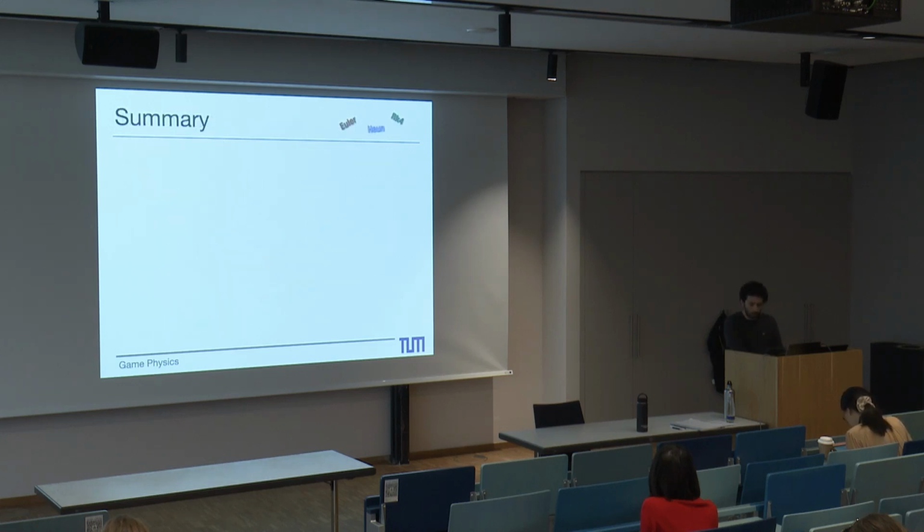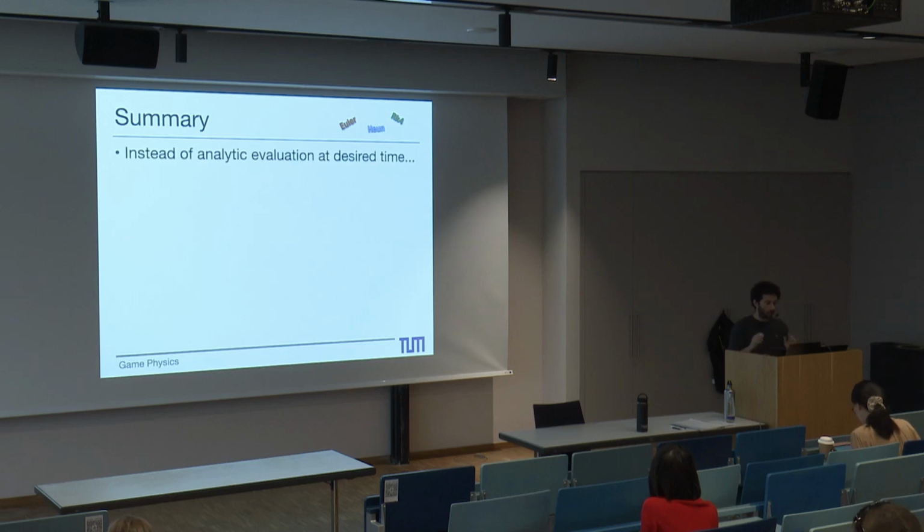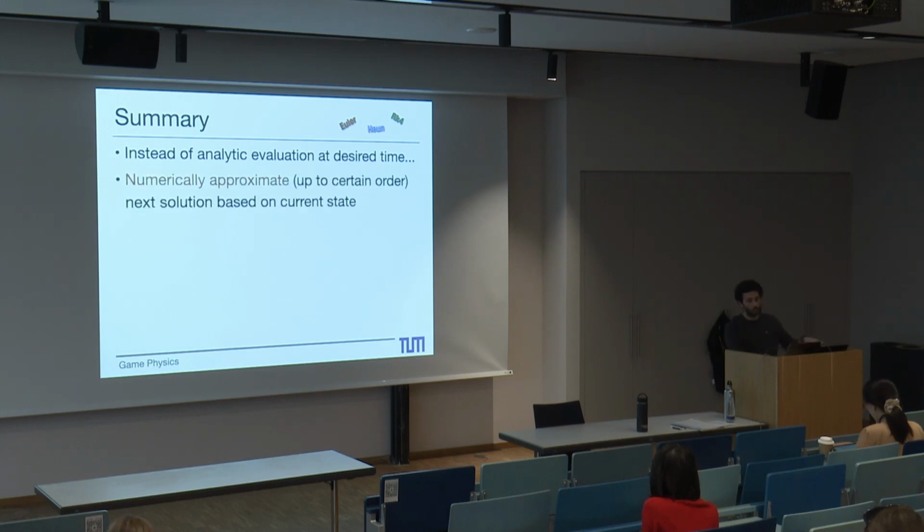So, a bit of a summary. Usually we are not able to perform an analytic integration of the equation of motion that we are interested in. So the only thing that we can really do is to approximate the solution with a numerical scheme.